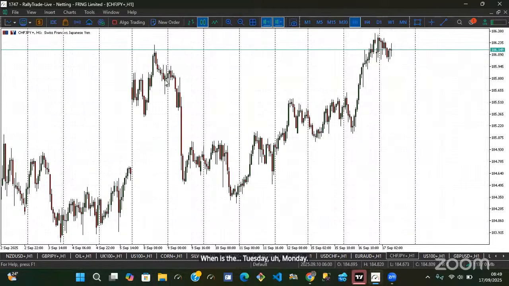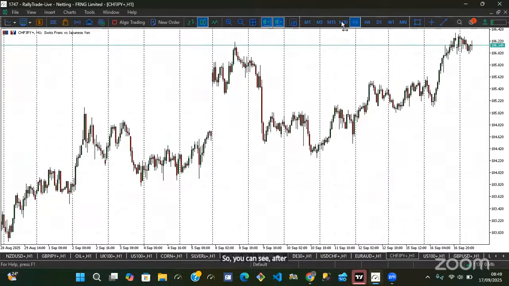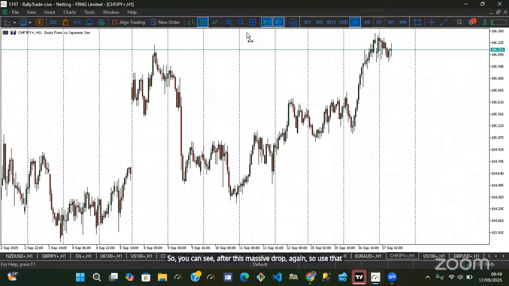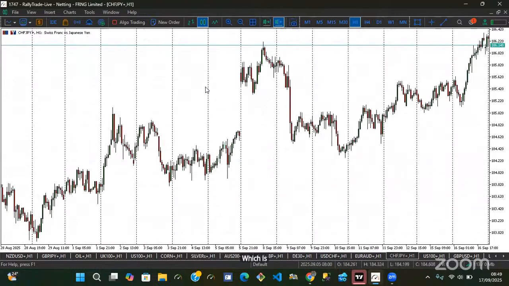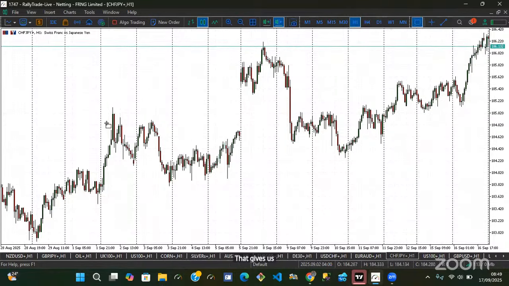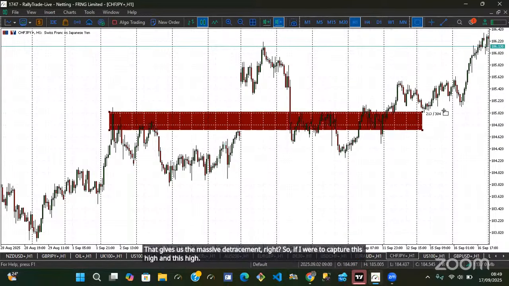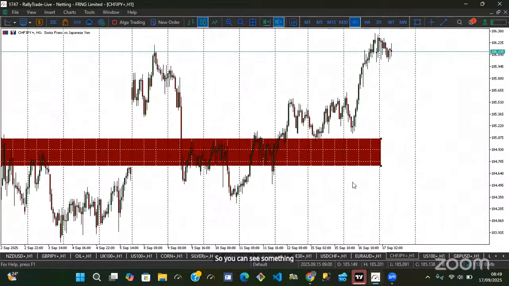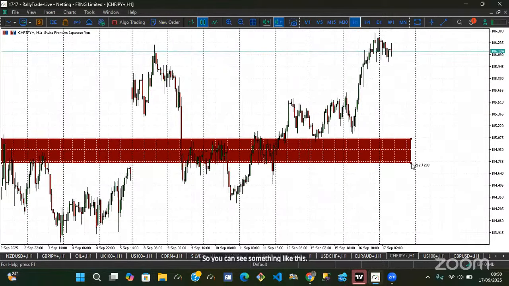So you can see after this massive drop again, use that same technique I showed you, which is what? A high that was taken out. This is a high that gave us a massive retracement. So if I capture this high and this high, you see something like this. So you find entry.